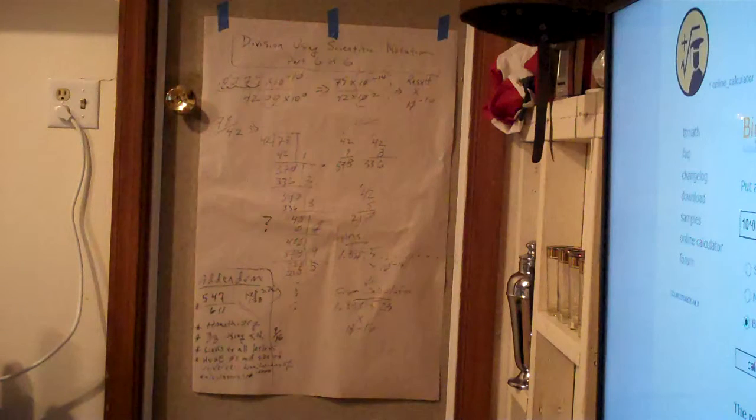I said someday maybe your phone's battery will die, or you won't be able to get your hands on a computer or something like that. There's another reason for using this, and that is the limitations of even, in my case, my Microsoft Surface calculator. I will show that to you in a moment.